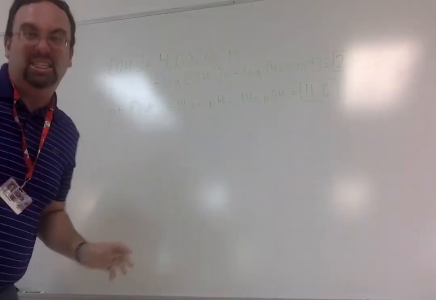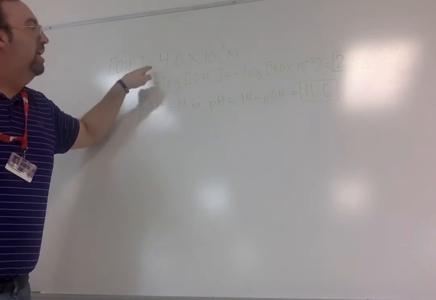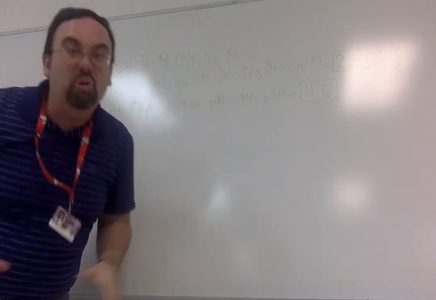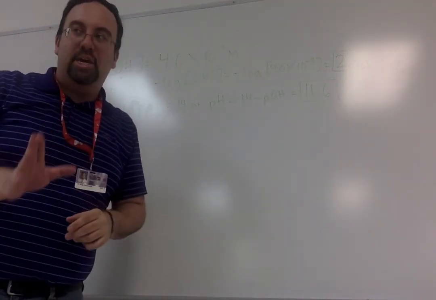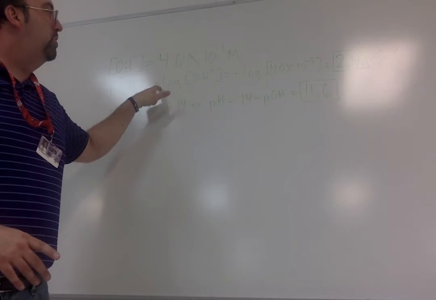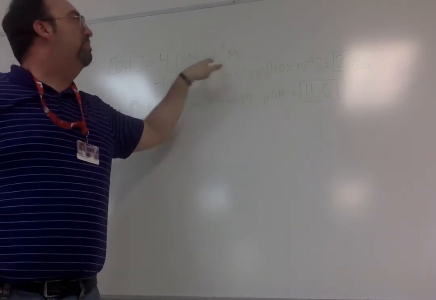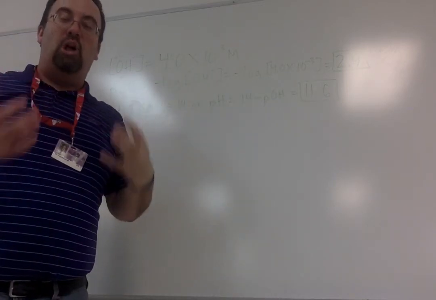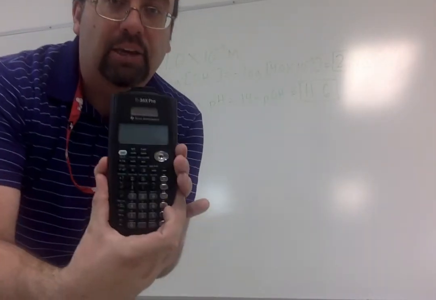All right, that's better. Our hydroxide ion concentration is equal to 4.0 times 10 to the minus third molar. We know from the definition that pOH is equal to the negative log of the hydroxide ion concentration. We simply plug this value into this equation, take the log of that, and change the sign. So I'm going to go ahead and take out my calculator.